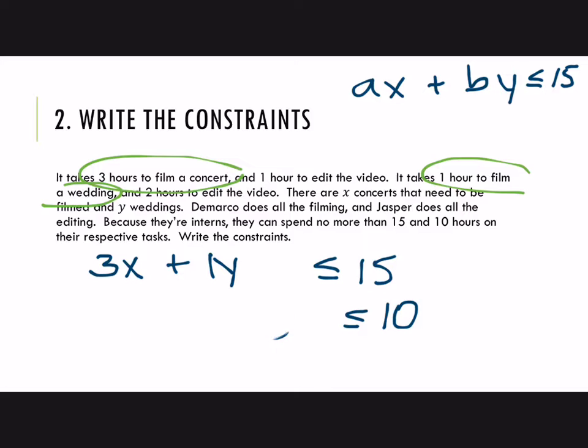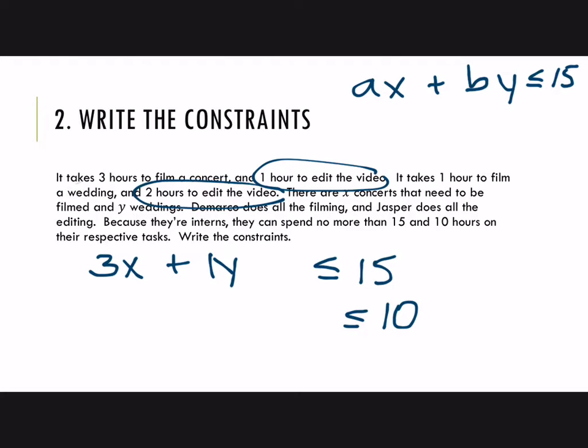All right, how about Jasper? Same idea. Now he spends 1 hour editing the concert videos, and he spends 2 hours editing the wedding videos. So his time is 1 hour per concert plus 2 hours per wedding, and his time has to stay less than or equal to 10.